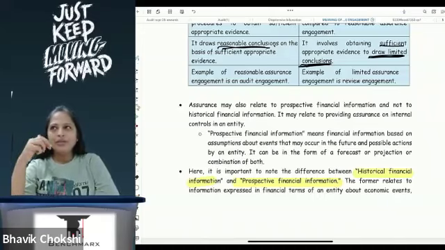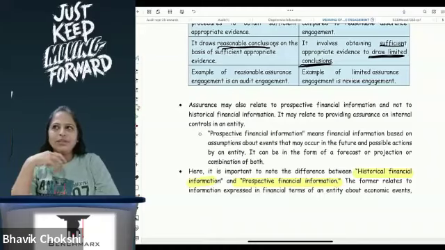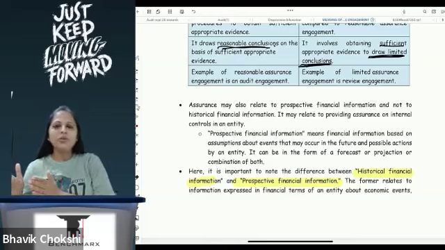In prospective financial information, the difference is that I may think, okay, if I'm getting 100 crores of funds, then this is how my profit and loss account will look over the years.